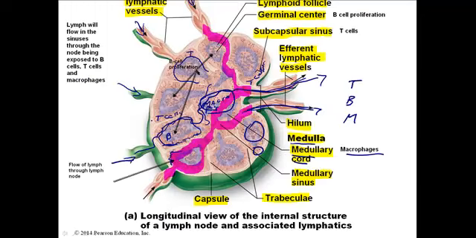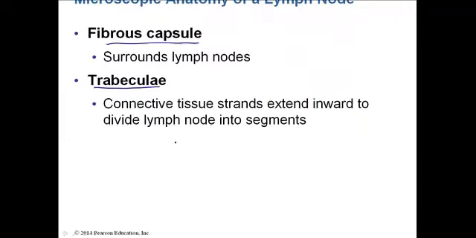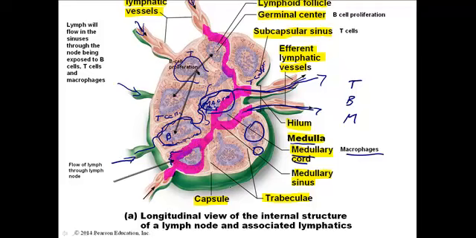So all of these things in here, these are called trabeculae, just so you know. Each of these follicles here has a channel that comes into it. So the trabeculae just divide these up, so it will push this fluid in.